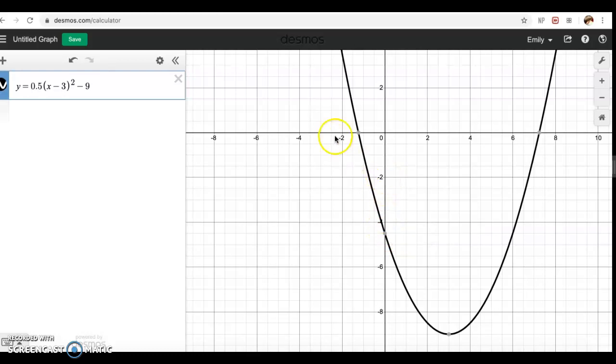I do encourage you to type the values into the calculator, but you can graph your function to check your work, to make sure that the values you put in your table of values are right. Like when x is 2, y should be -8.5.